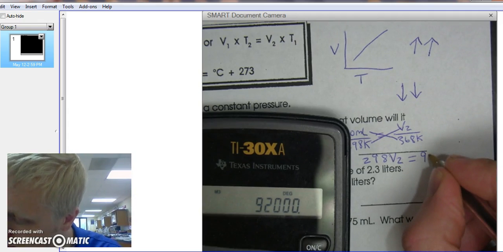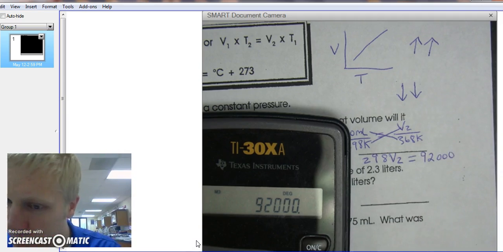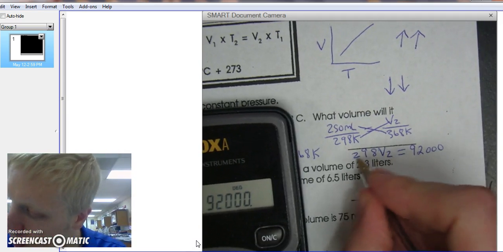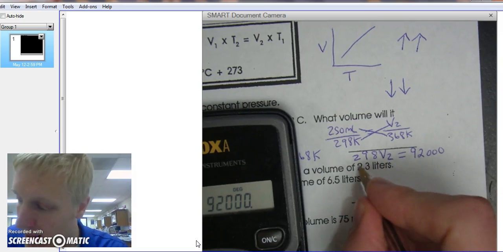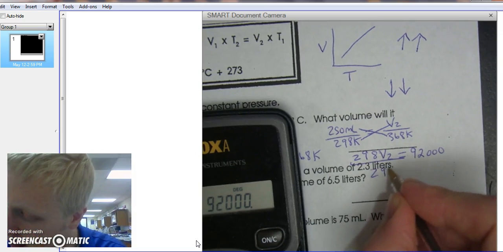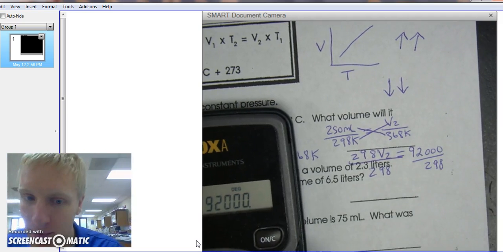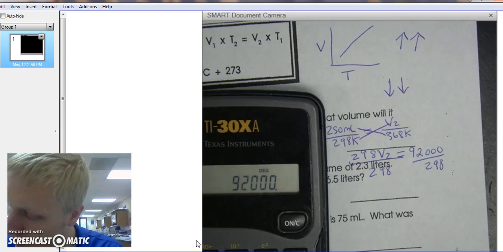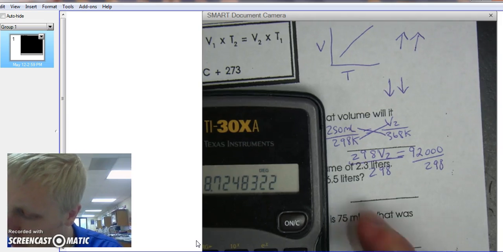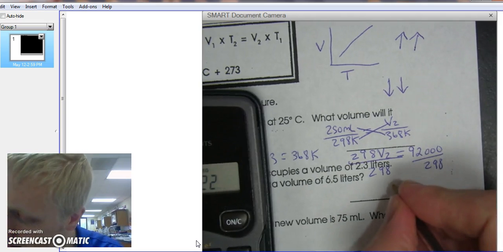It's like 92,000. Alright, now we have like 298x basically. I'm going to divide both sides by that 298 to isolate my V2 or my x. Divided by 298 gives me 308.7.